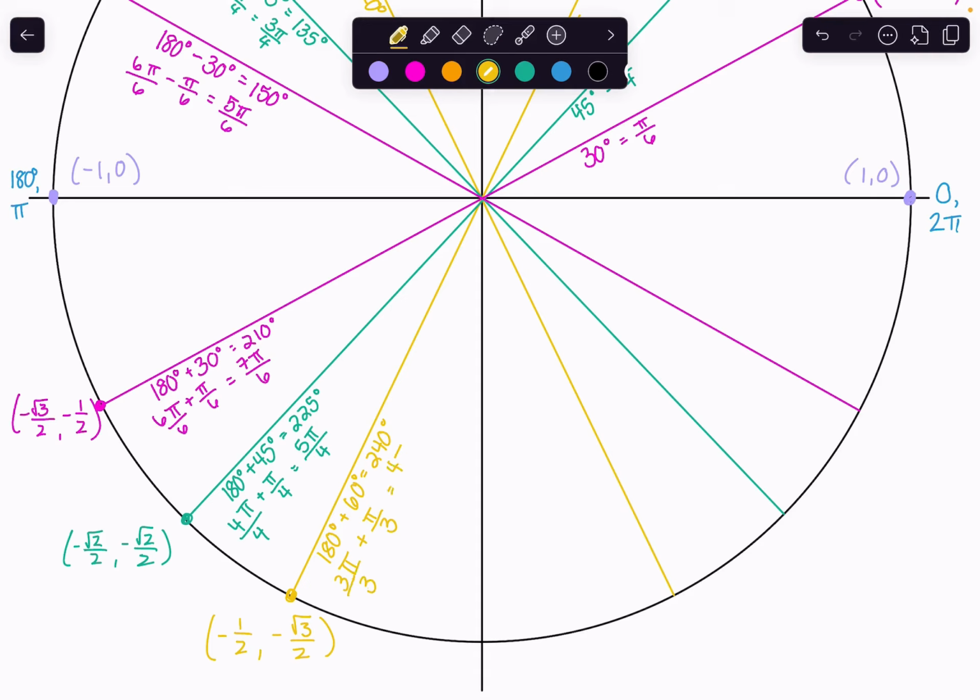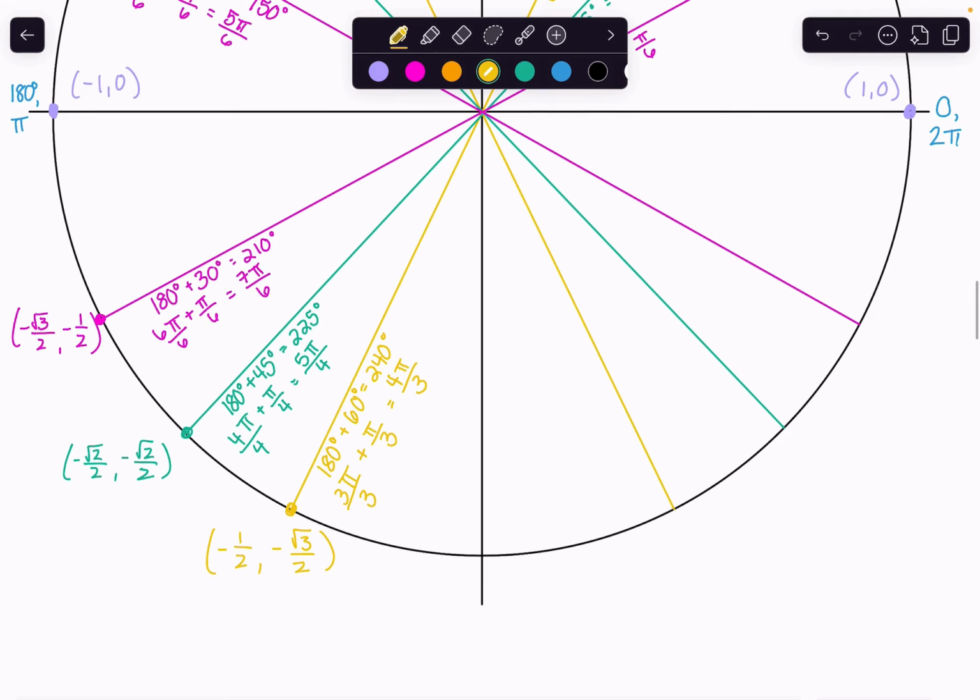This special angle is 4 pi over 3. So again, just to reiterate what this means, this tells you cosine of 240 degrees is the x coordinate, and sine of 240, or this angle in radians, is the y coordinate. So you just use that point on the unit circle.